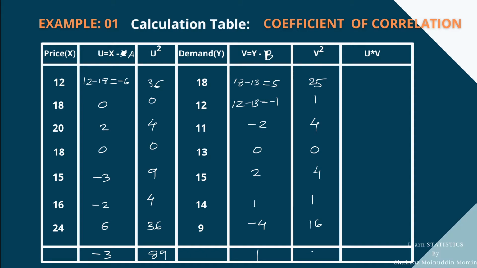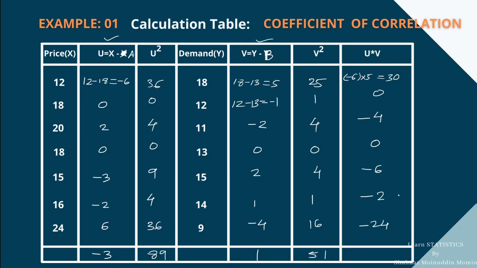It is by adding 51. Now take the product of u into v, u multiplied by v, that is minus 6 into 5, that is minus 30. Similarly, 0 into 1, 0; 4 into minus 1, it is minus 4; 0, minus 6; minus 2 into 1, minus 2; 6 into minus 4, minus 24.